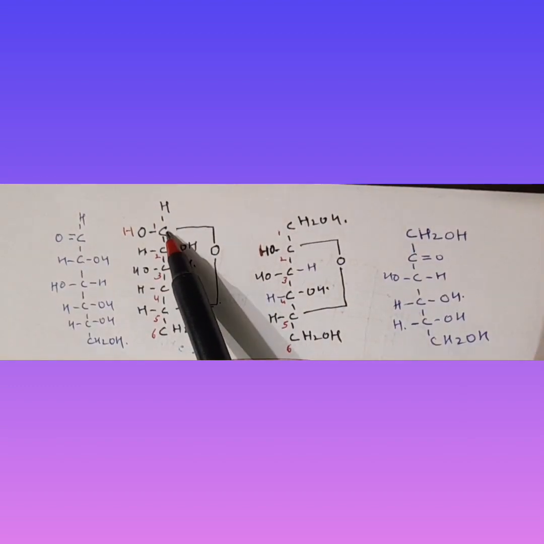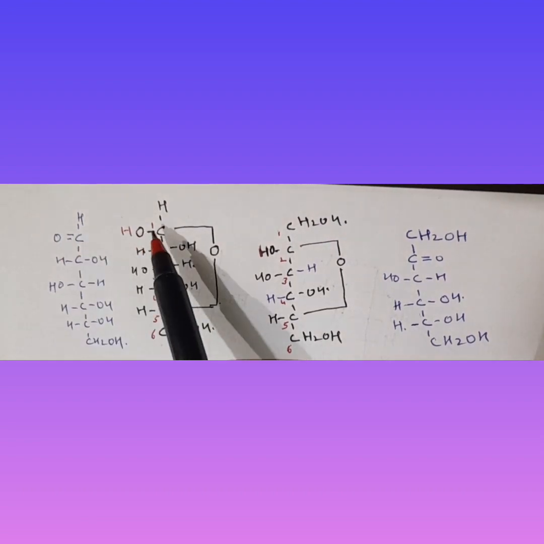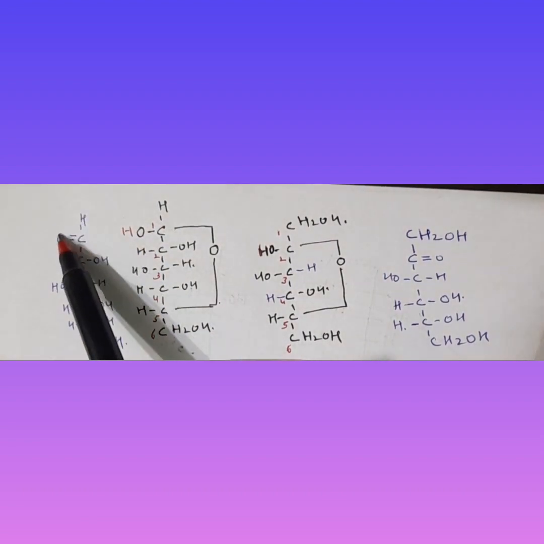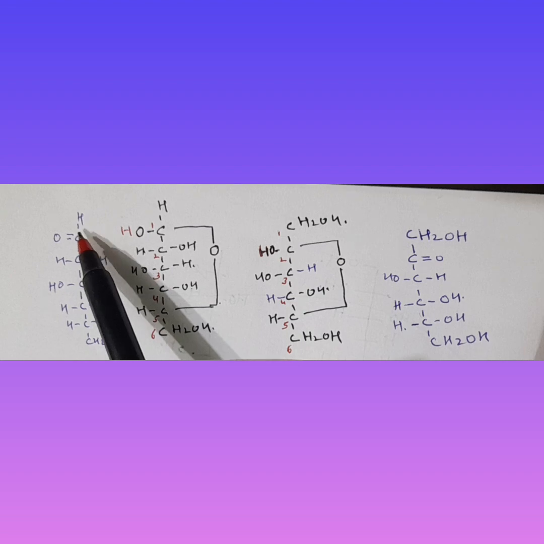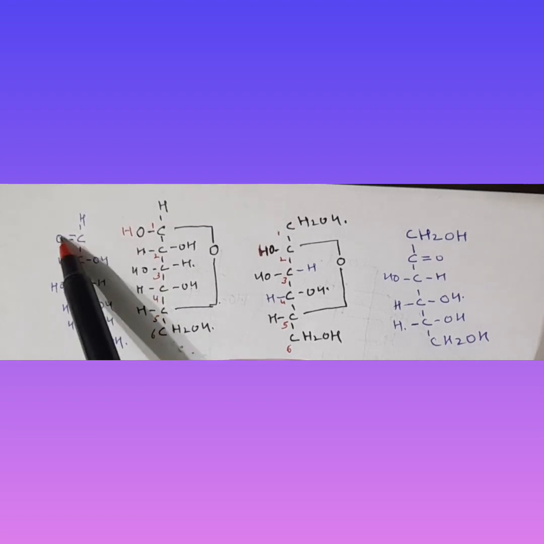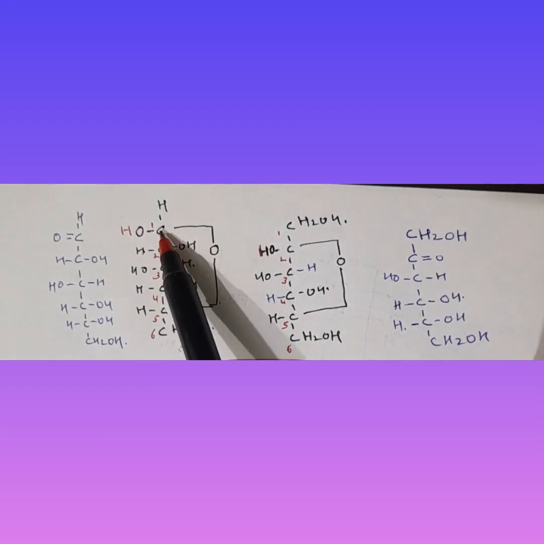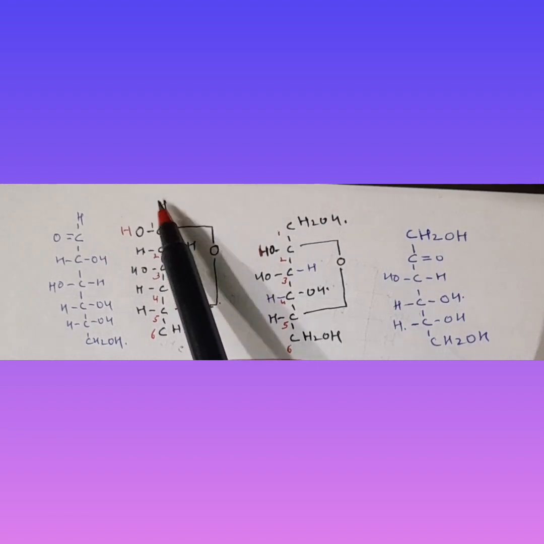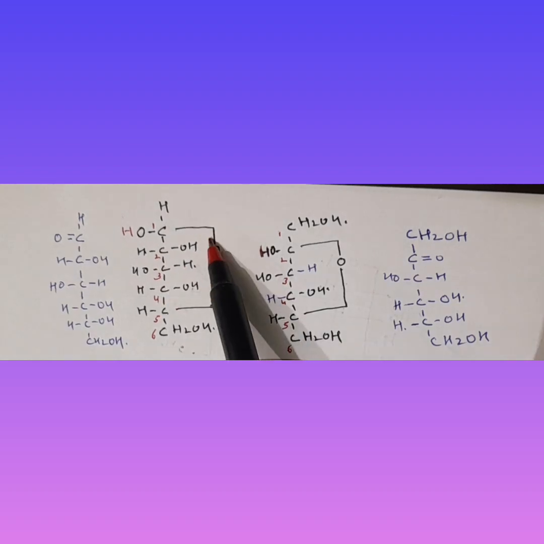When we observe this carbon and this carbon, it's sp2 hybridization over here. sp2 means 3 groups attached to this carbon, 1, 2, 3. So it is an sp2 hybridized planar structure, whereas here it is sp3 hybridization. sp3 means one s and three p, so 4 groups attached, 1, 2, 3 and 4.